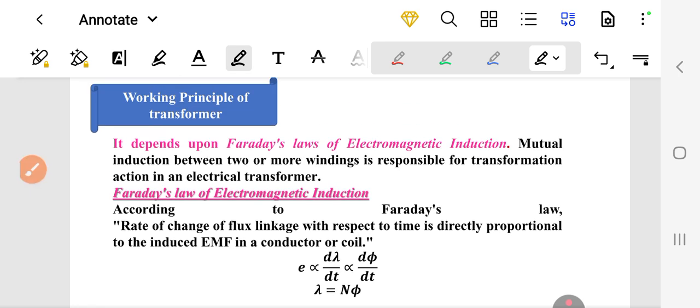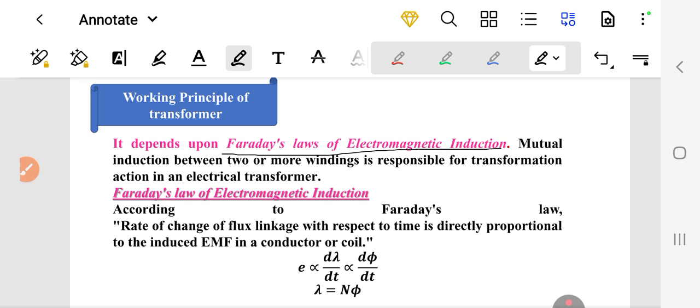What is the working principle of a transformer? The transformer working principle depends upon Faraday's law of electromagnetic induction, which states that mutual inductance between two or more windings is responsible for transformation action in an electrical transformer.